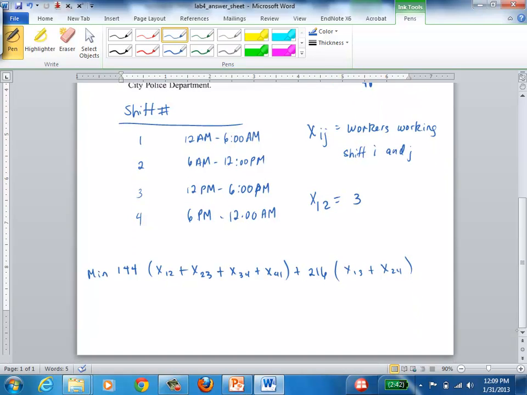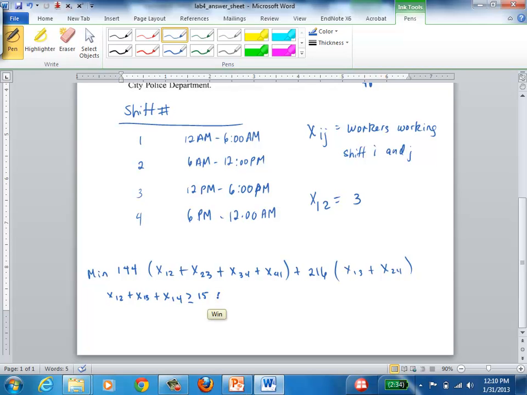Okay, so for the constraints, we're going to have 1 constraint per shift, and we have 4 shifts. For the first shift, we only have the employee starting at 1,2, plus the employee starting at 1,3, plus the employee starting 1,4, and those should be greater than or equal to 50. Because that's the requirement for the first shift.